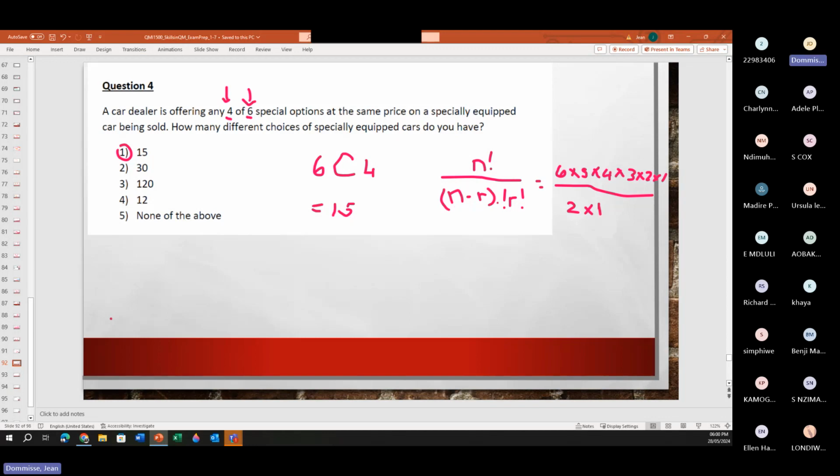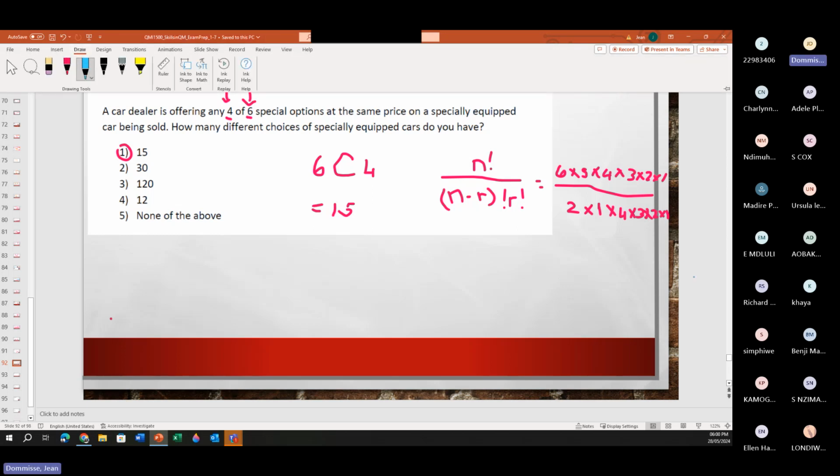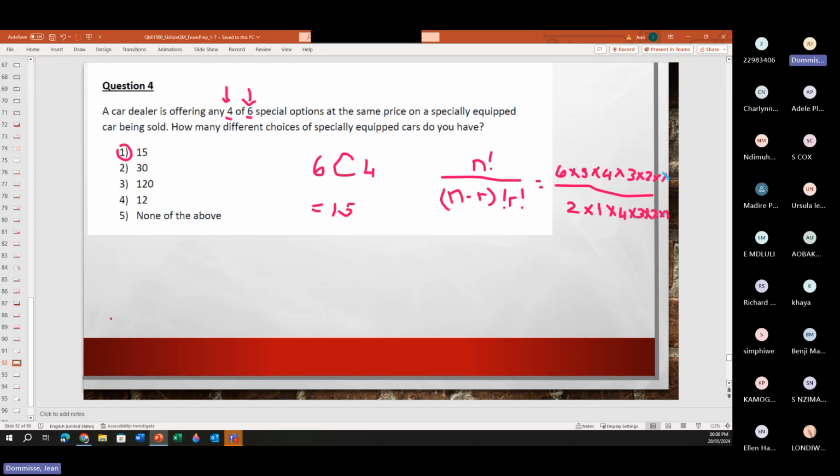So 6 minus r would have been 6 minus 4, which is 2 factorial, times r, which is 4, so times 4 factorial. That would have been the formula, and then we could cancel out the 1 and the 1, the 2 and the 2, the 3 and the 3, the 4 and the 4.